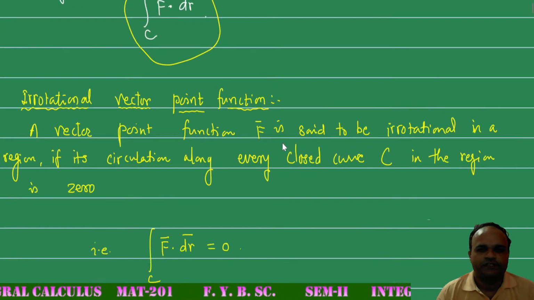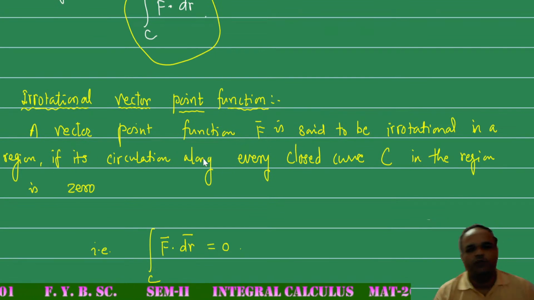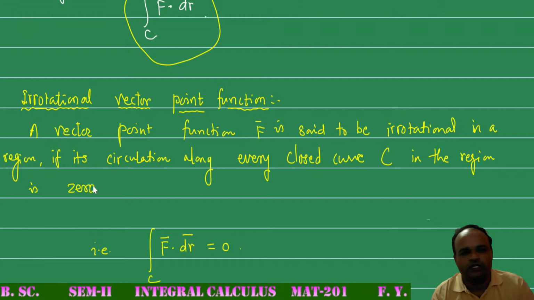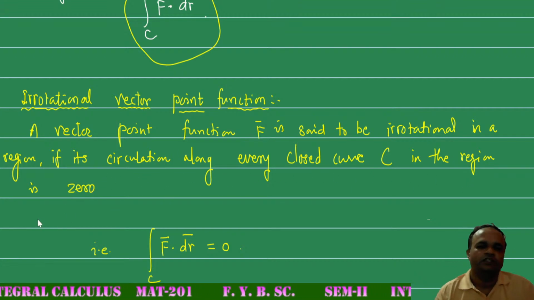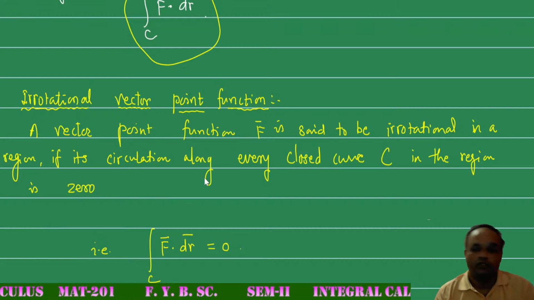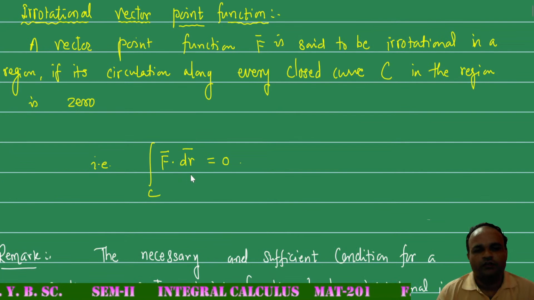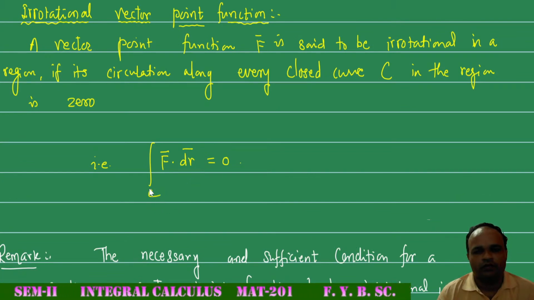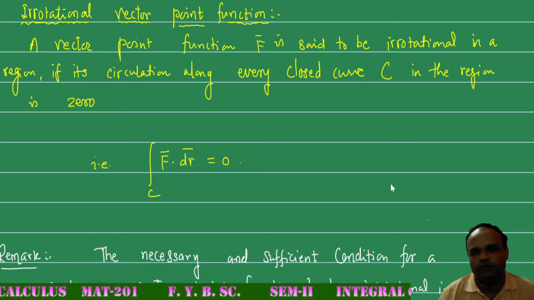Next there is the definition of irrotational vector point function. A vector point function f bar is said to be irrotational in a region if its circulation along every closed curve in the region is zero. That is, the integration of f bar dot dr bar along any closed curve C should be zero. So C is any arbitrary closed curve in the region.